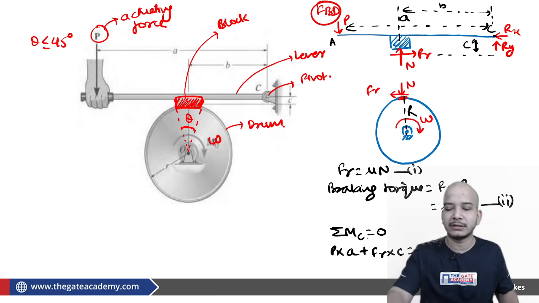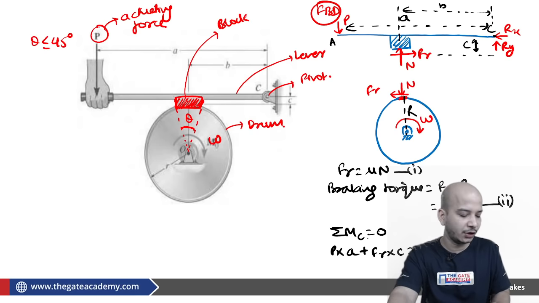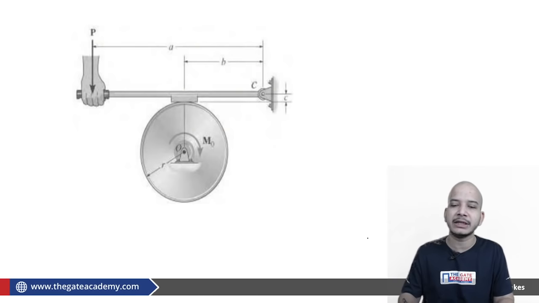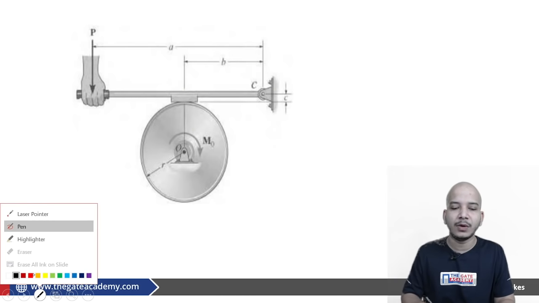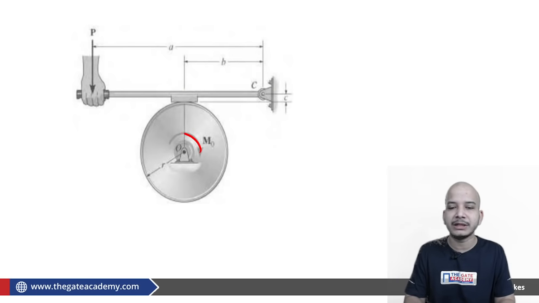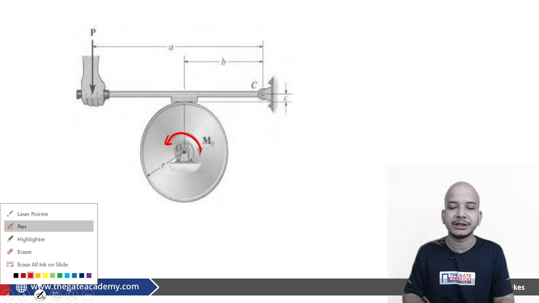Okay. Now let us say that instead of clockwise, the rotation is anti-clockwise. Okay, we are dealing with a situation where the rotation is anti-clockwise. Then how will the things change?